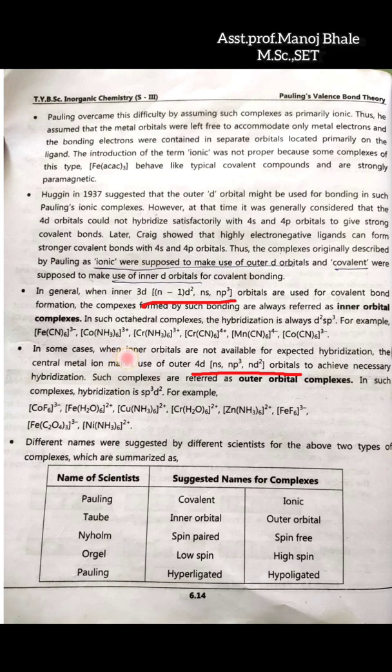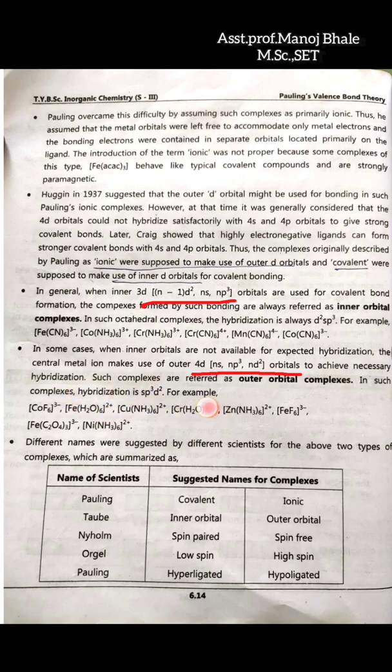The next example is hexaamminecobalt. Next examples are chromium surrounded by ammonia, chromium surrounded by cyanide, manganese surrounded by 6 cyanide, and the last one, cobalt surrounded by 6 cyanide ligands. All these are examples of the inner orbital complex, because there is involvement of the inner d orbital.